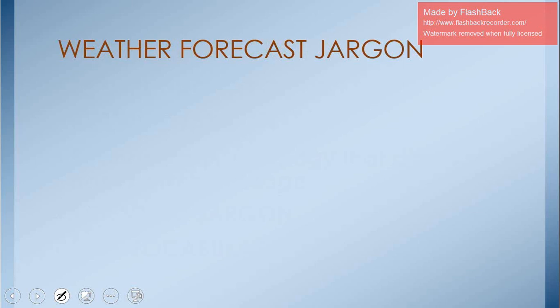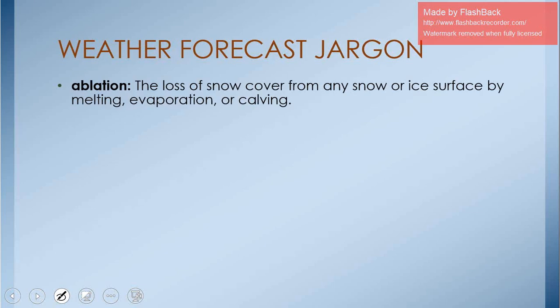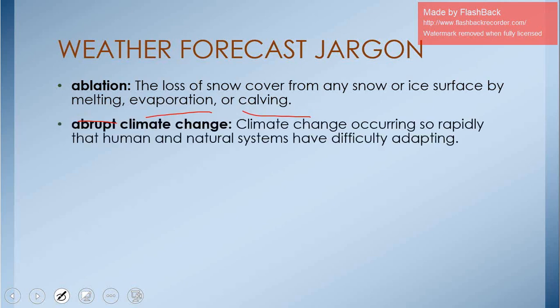Weather forecast jargon examples. There are a few words that you have no idea about in your common language, but weather forecast jargon has those words, and only the in-group can understand. Ablation: the loss of snow cover from any snow or ice surface by melting, evaporation, or calving. You say melting, evaporation, but they say ablation.